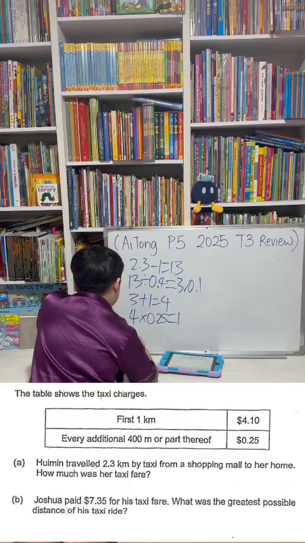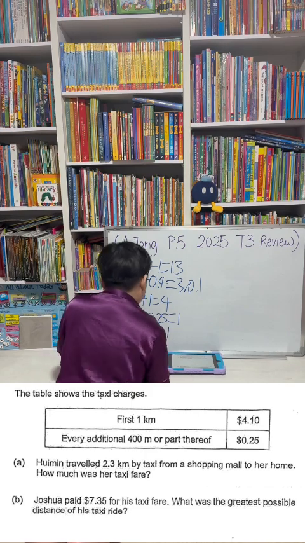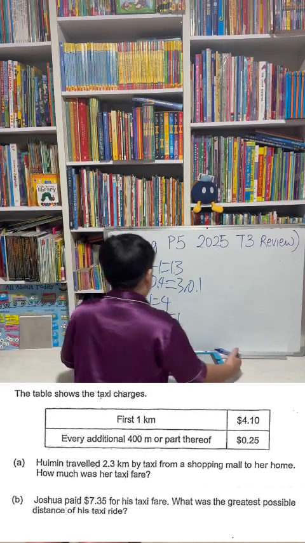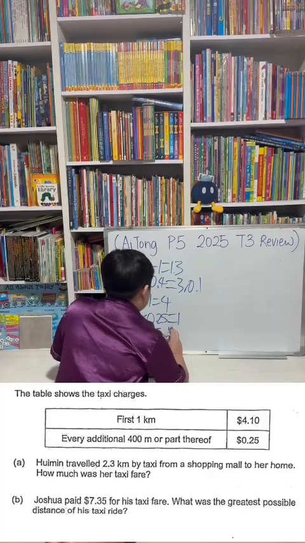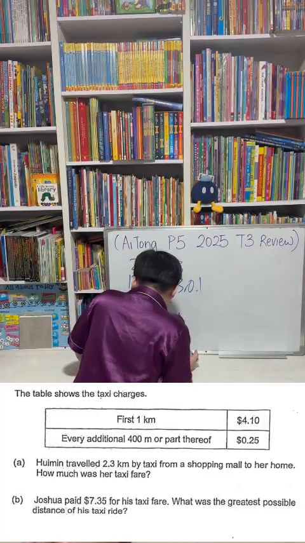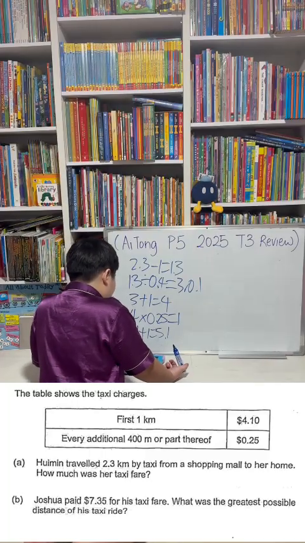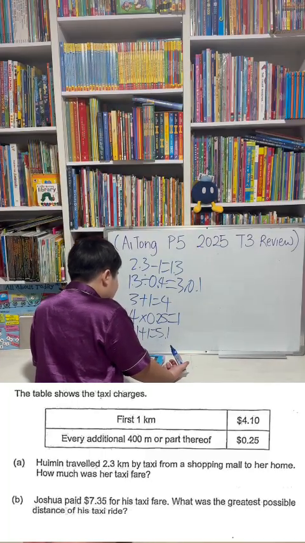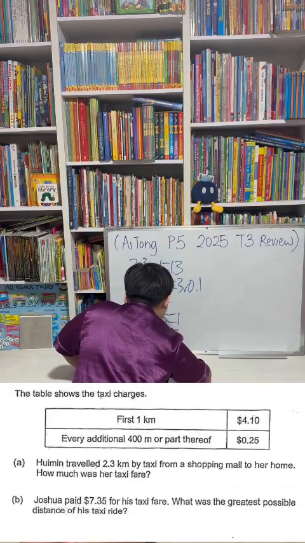So we do 4.1 plus 1 equals 5.1, which is $5.10. That means Huimin's taxi fare was $5.10. This is the answer to A.